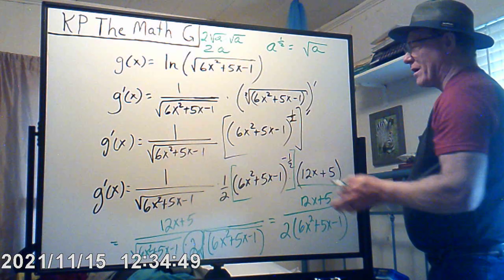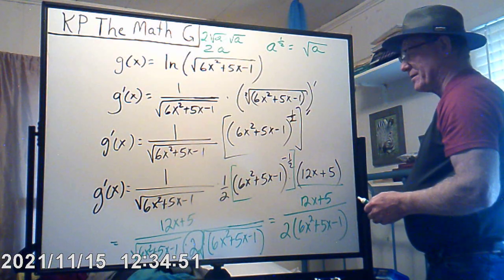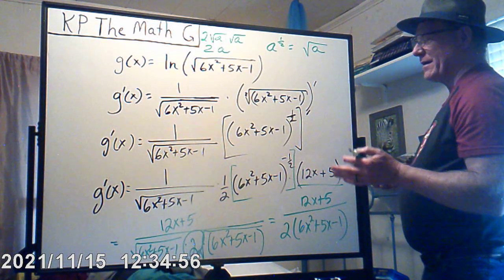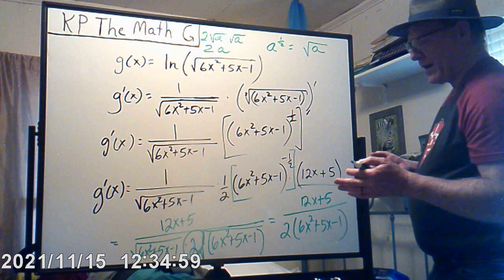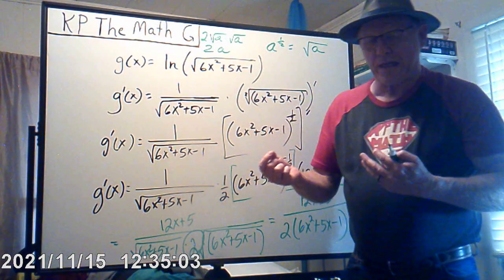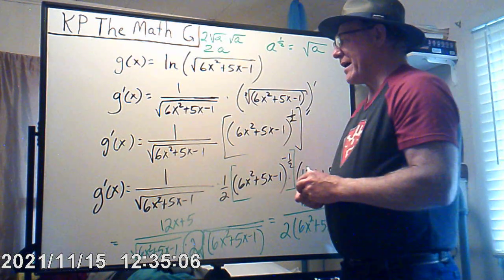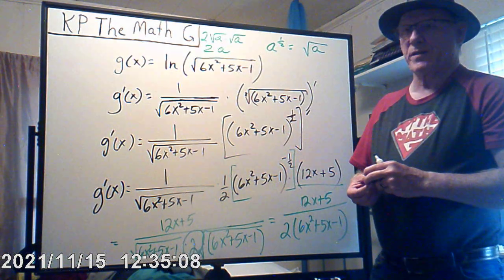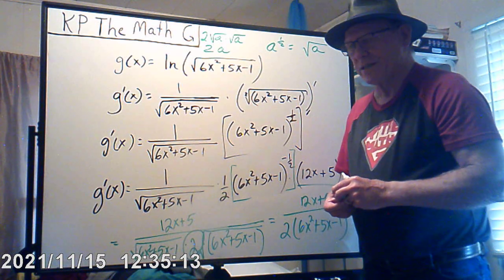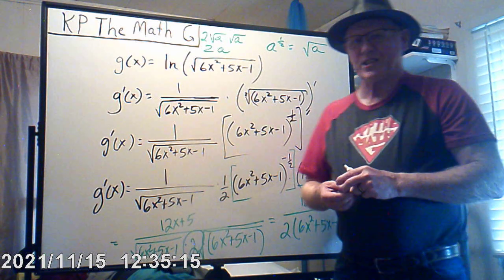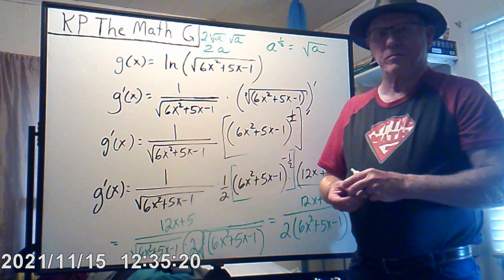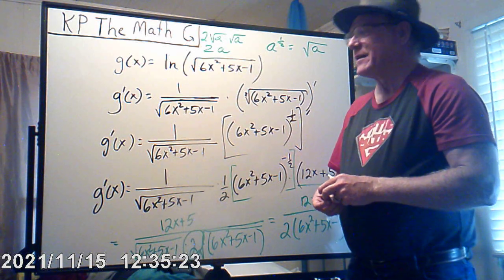I think I'll hold off on the a to the x problems and I'll do a couple of examples of that. But you got an idea of the inverse, that e is the inverse of ln and ln is the inverse of e. You have the idea behind what the derivative of e to the x is and what the derivative of ln is. We'll probably, in the next section, do another couple of examples there, one with e and one with ln.